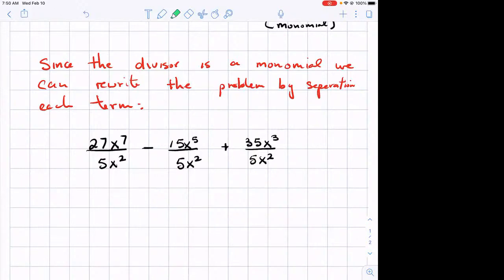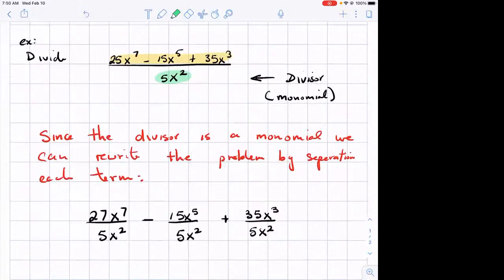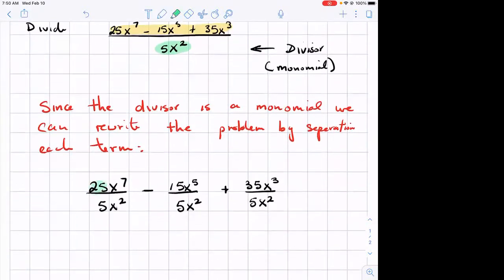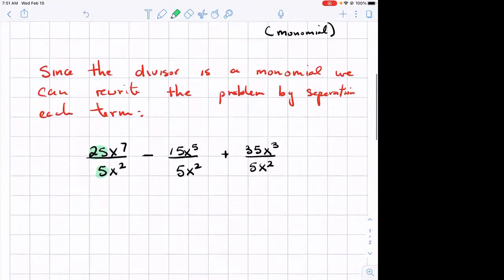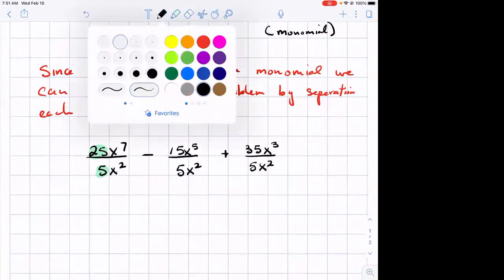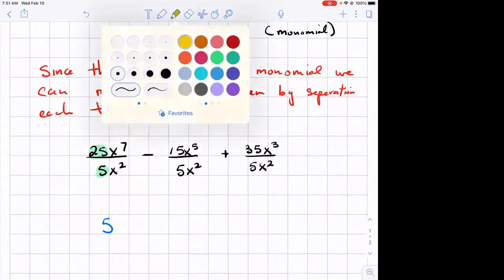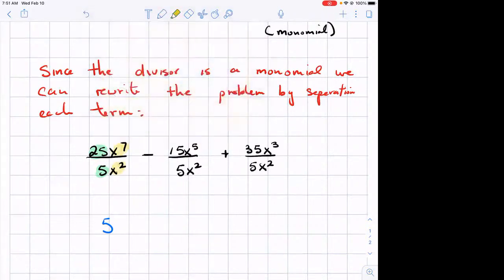So the first thing we can do, and I wrote 27, there should have been a 25. The first thing we'll do is, what is 25 divided by 5? And if 5 didn't go into 25 evenly, you would leave it as a fraction, okay? So 25 divided by 5 is 5. And then what is x to the 7 divided by x squared? Well, when you're dividing and the base is the same, you subtract the exponents.